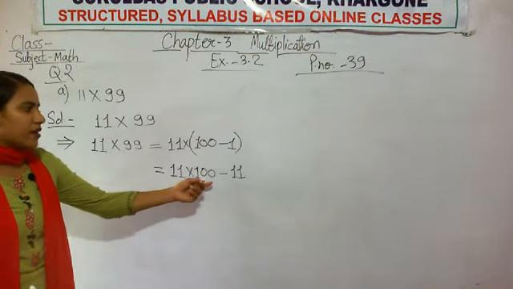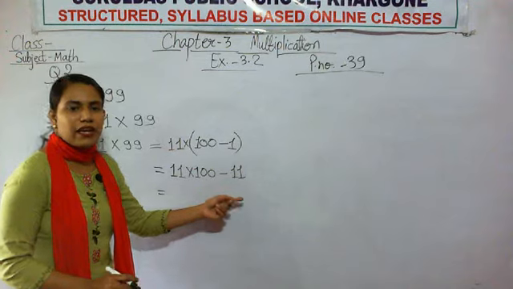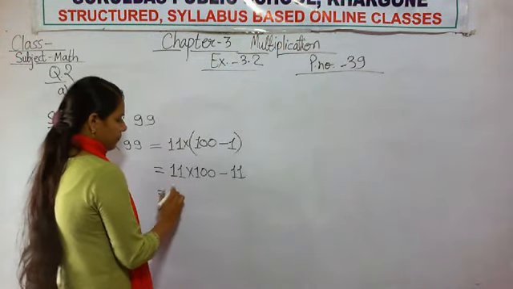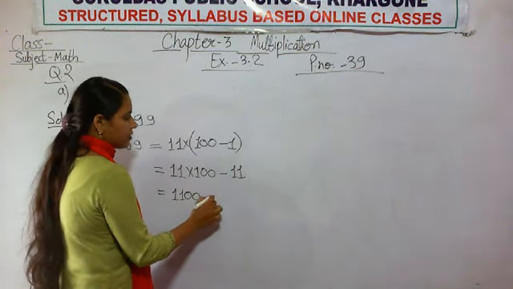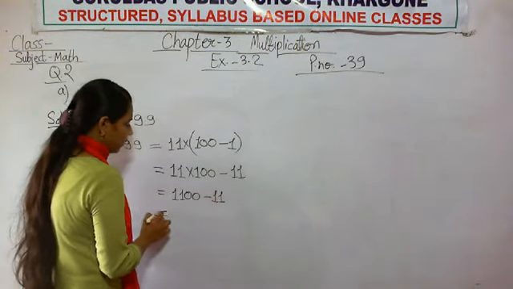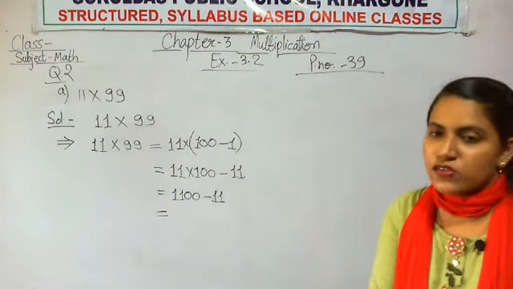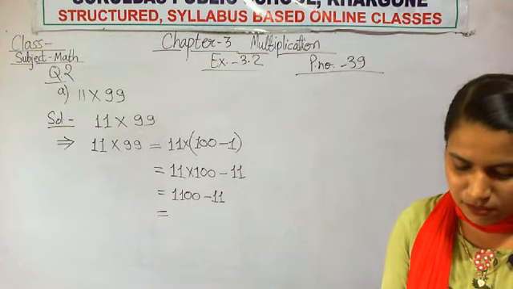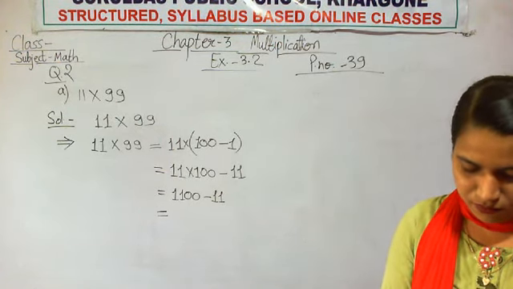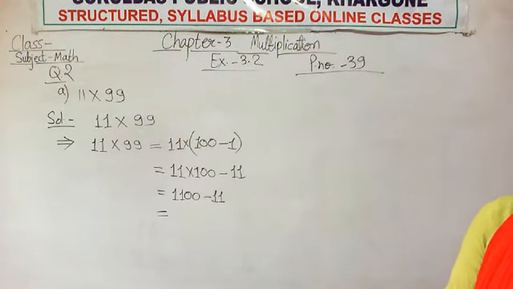Multiply 11 by 100 and subtract 11. When you multiply by 100, you will get 1100 and subtract 11. So when you subtract 11, what will be left here? When you subtract 11 from 1100, what will you get? Tell me the answer.